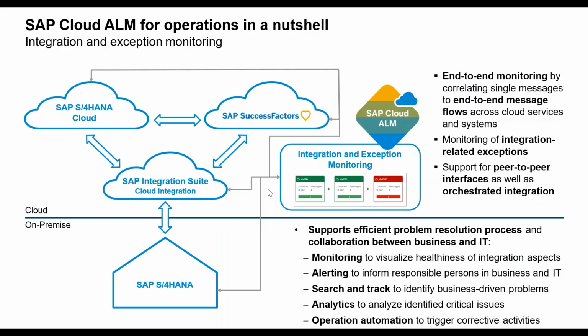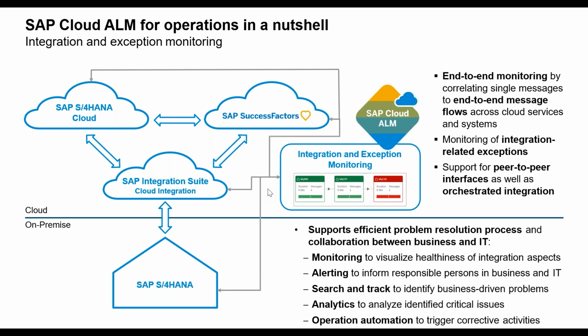Now, the next one is the integration and exception monitoring. This is also more on the advanced side. This is primarily, for example, to monitor any type of interfaces, regardless of the type of application. So think of if you have something on cloud and on-prem, especially between the integration suite and your S4 environments, and you want an end-to-end integration of your interfaces, regardless, for example, of whether they're iDocs or any type of RFC integrations.